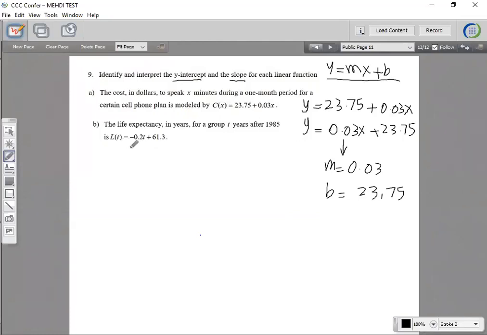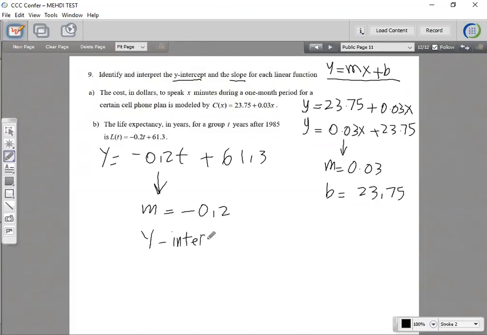In this case, this is already in that form, so you can write y is equal to minus 0.2T plus 61.3. So the slope here must be minus 0.2, and the y-intercept, or sometimes we call it b, is equal to 61.3.